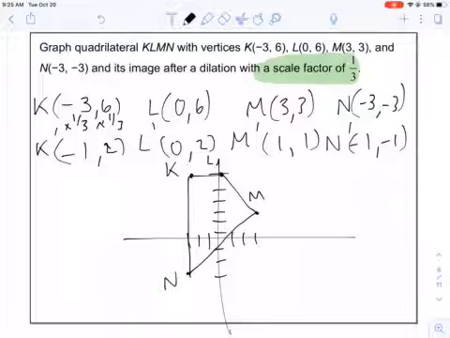Now our next one is going to be at (-1, 2), (0, 2), (1, 1), (-1, -1). And there we go. We got smaller, but our picture stayed the same shape. So that's what a reduction looks like.